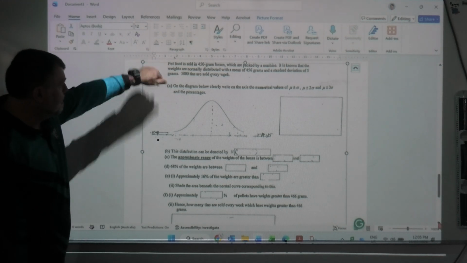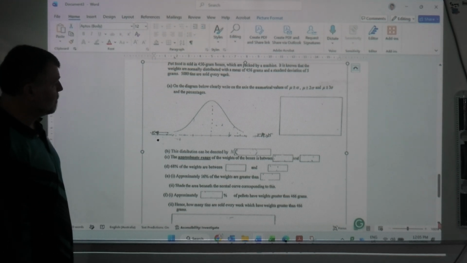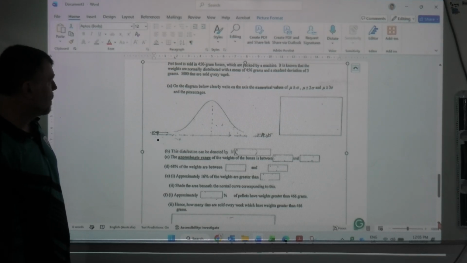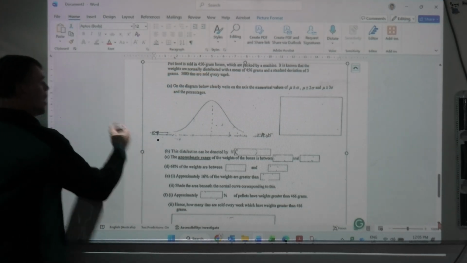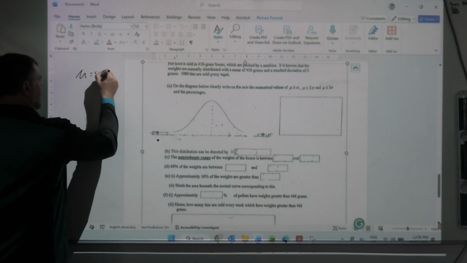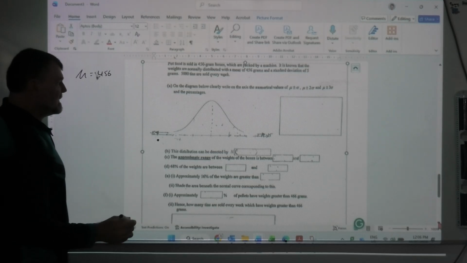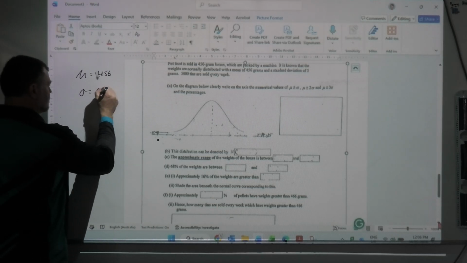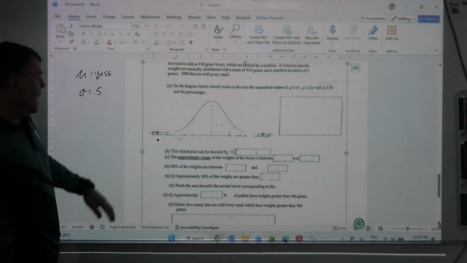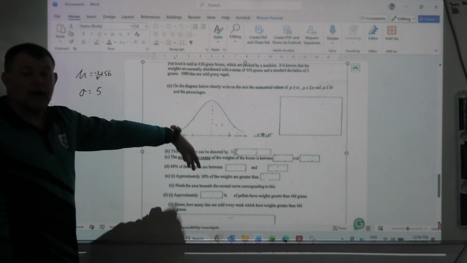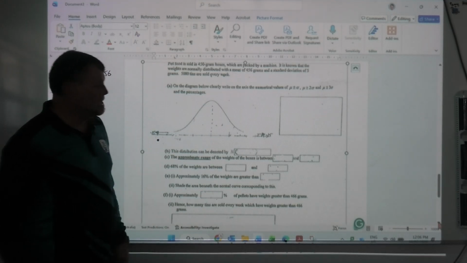So it says here, pet food is sold at 450 grams, which is packed by a machine. It is known that the weights are normally distributed with a mean of 456 and a standard deviation of 5. Below on here, let's write out the variables for mean and plus minus deviation.